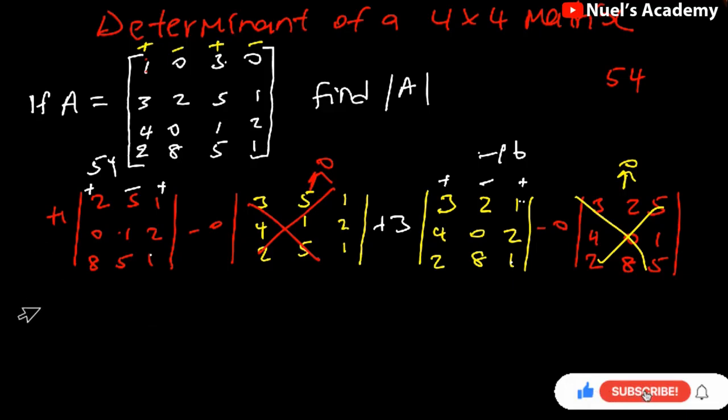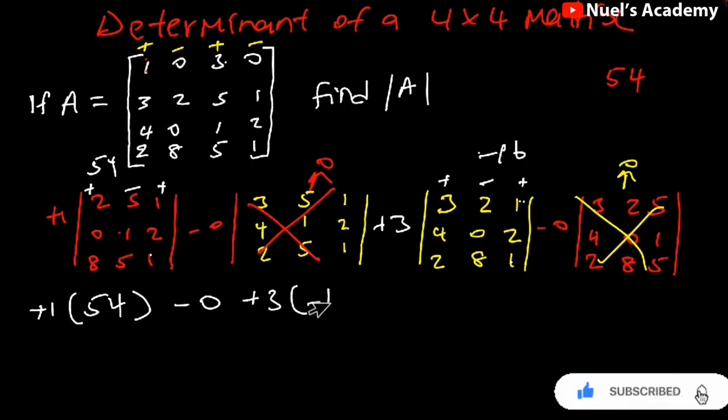So we are going to have plus 1, which is this one here, then into this 54, which is the answer we got from the determinant of this 3 by 3 matrix. Then we have minus 0, then plus 3 into this negative 16 that we got, then minus 0.